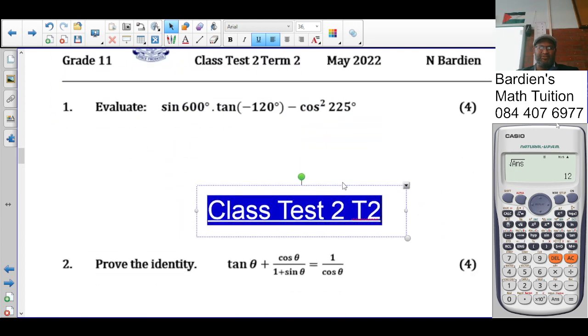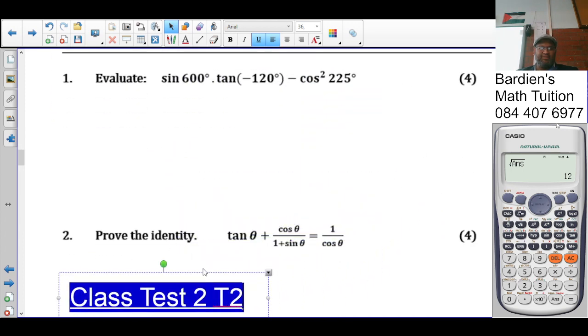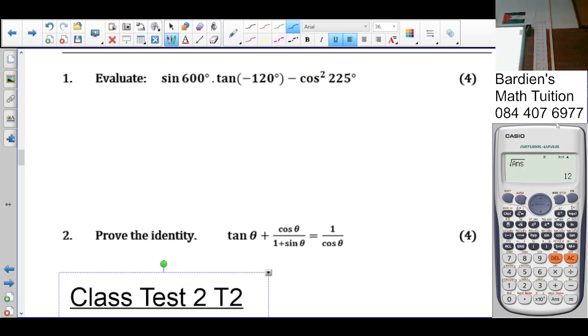Right. So we are told to evaluate. Evaluate, determine, simplify mean all the same thing. We got sine 660. That's an angle over 360, so what do I do? Minus 360. I then get sine of 240.